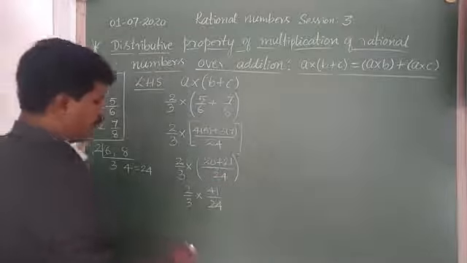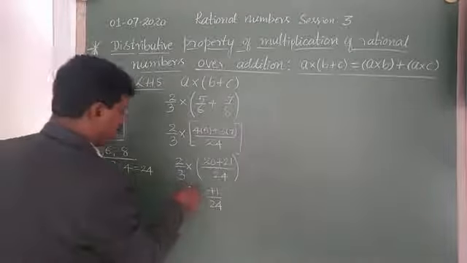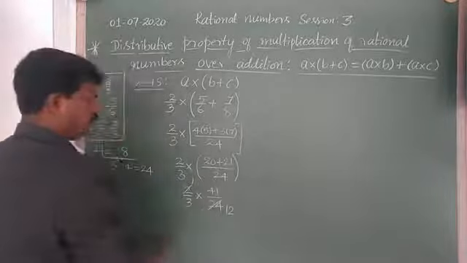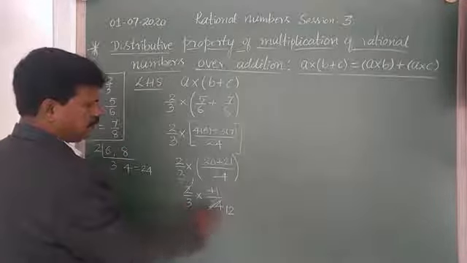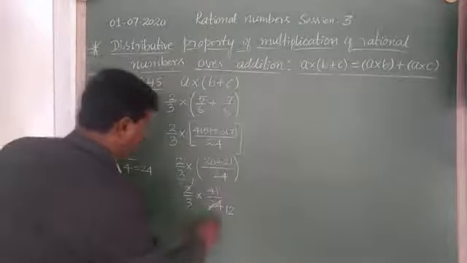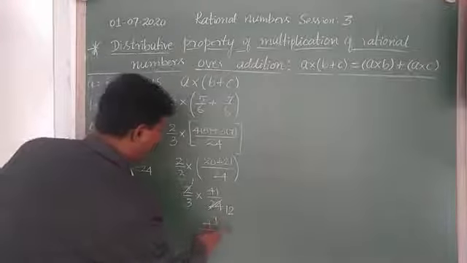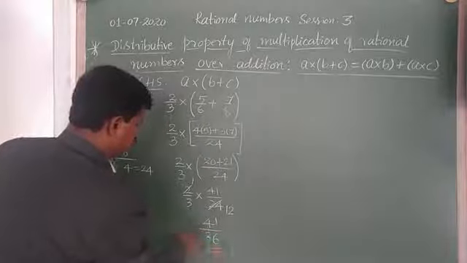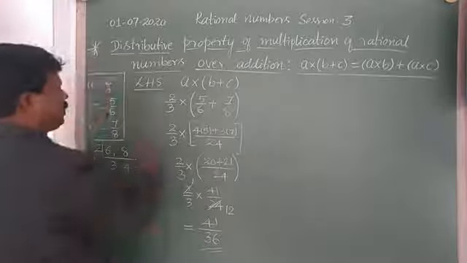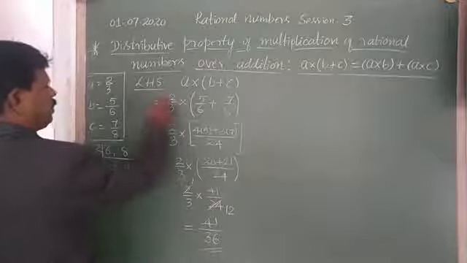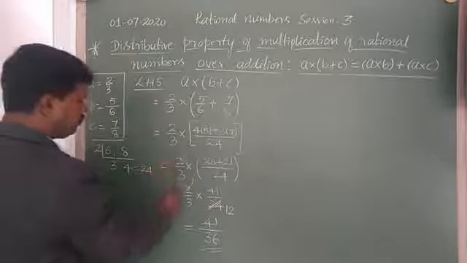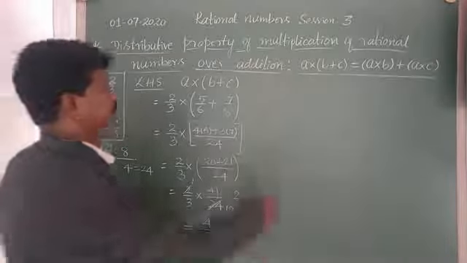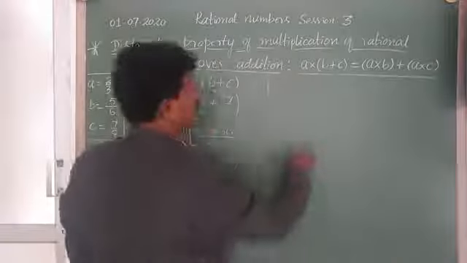Now which one is possible to cancel? You can cancel it: 2 1s are 2, 2 12s are 24. Now don't cancel any other number with these, 3 and 12. So answer is 41 by 12 3s are 36. So this is your LHS. LHS is 41 by 36.